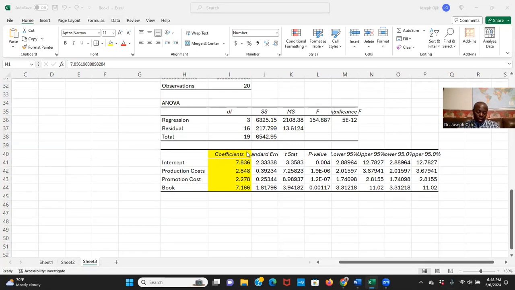So B0 equals, you can see that's the intercept right here, 7.836.